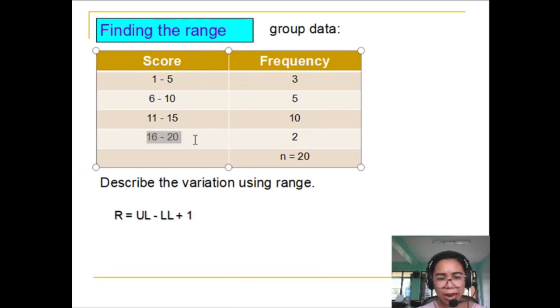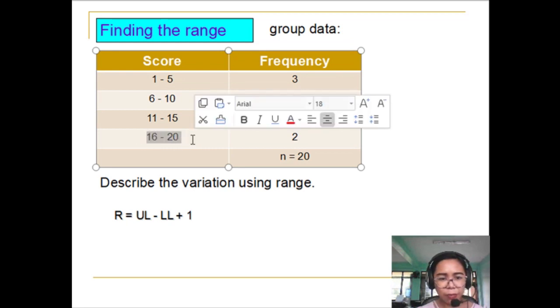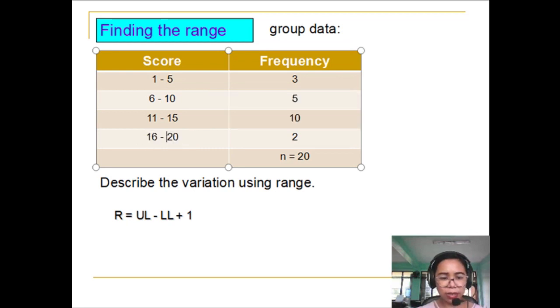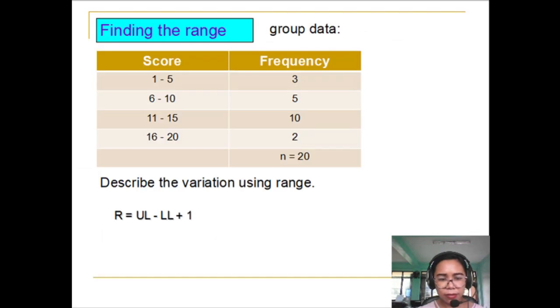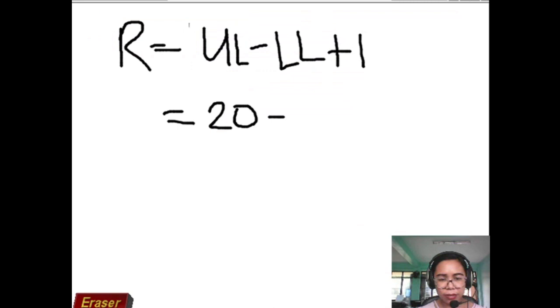Okay, so go back to our example. This is the highest class interval, and the upper limit is 20. So we write here 20 minus, this is our lowest interval and the lower limit is 1. So we write 1 plus 1.